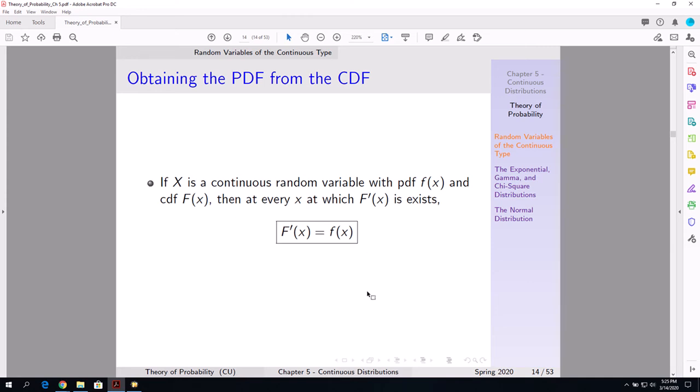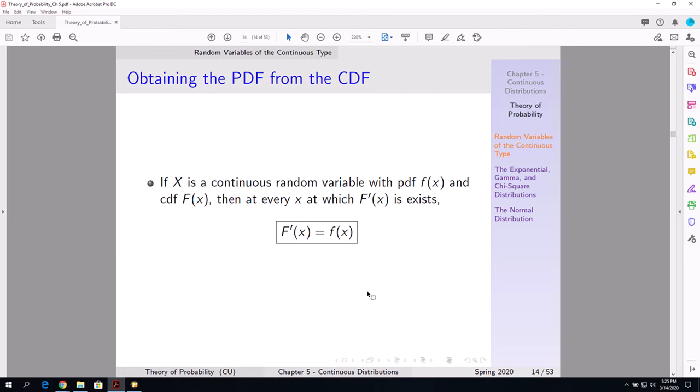This is kind of what I wanted to get to. If x is a continuous random variable and the PDF is little f of x and the CDF is capital F of x, then at every x at which f prime of x exists, capital F prime of x exists, it turns out that the derivative of the CDF is the PDF or the density.